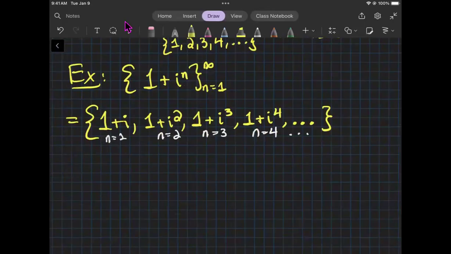Now the question is, when does a sequence converge or diverge?